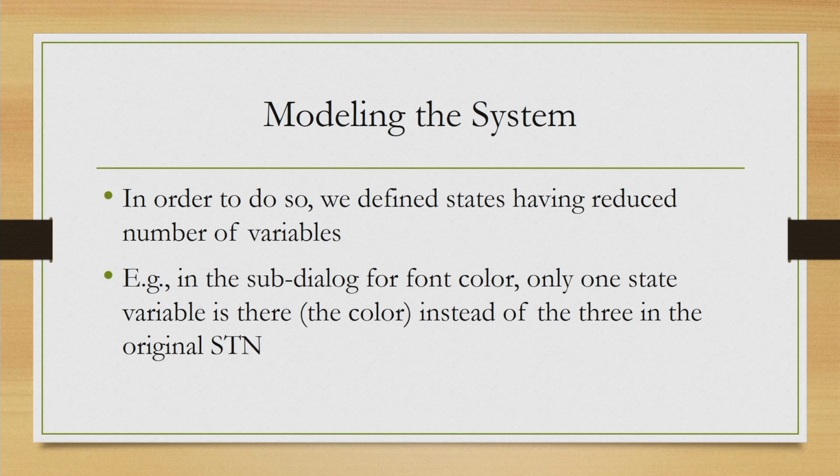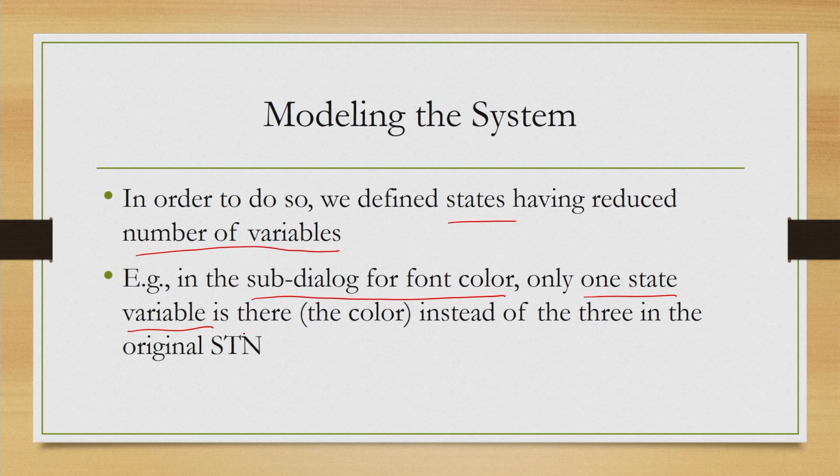Now, when we say that we reduce the complexity of the problem by dividing it into sub problems, what does it mean? It means that we have defined states that have a reduced number of variables, hence they have become manageable. For example, the sub dialog for font color has only one state variable, which is color.